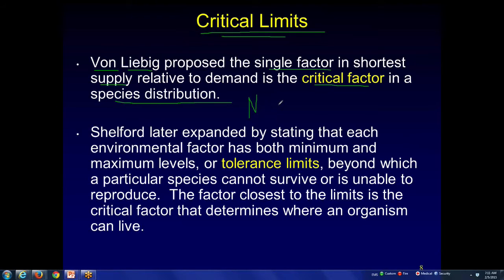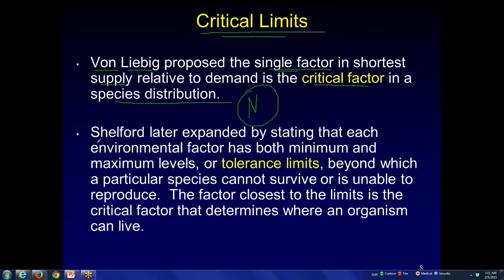If nitrogen is not in high enough levels, that plant will not live there. So it is the single most important factor, and it's in very short supply, so there's not much nitrogen around. And so whether you have nitrogen in high enough levels or not is what really determines whether that plant can live in the area or not.